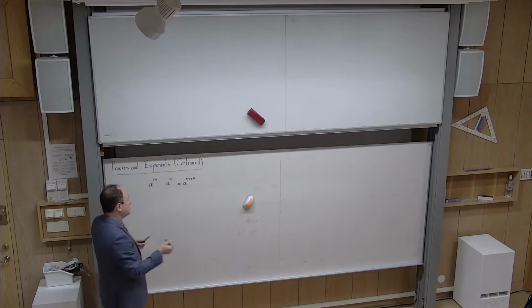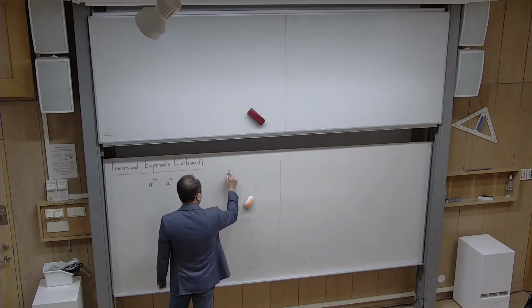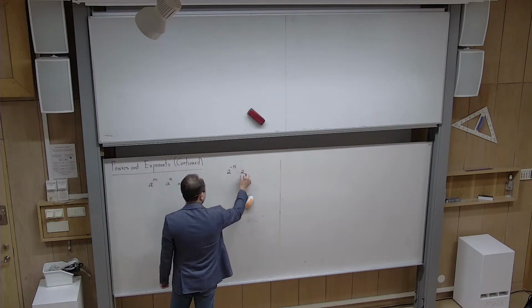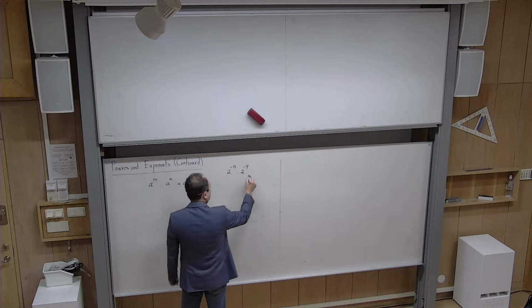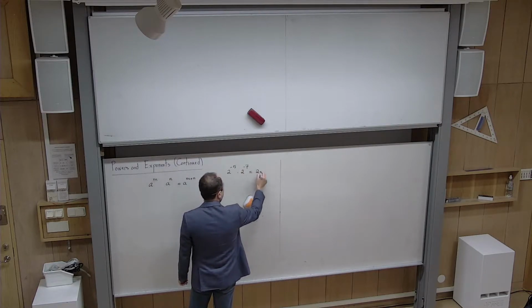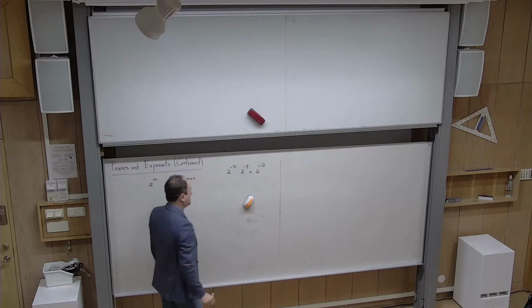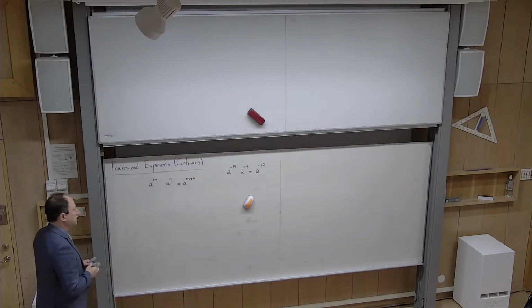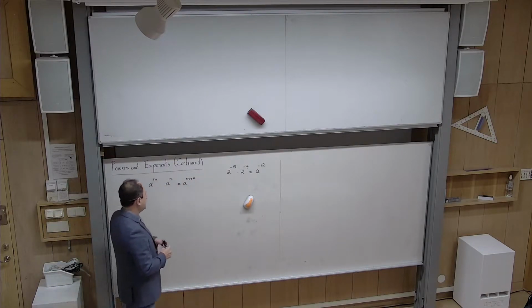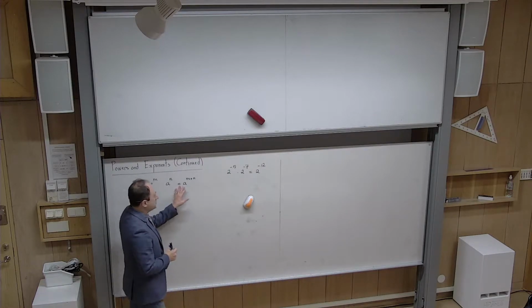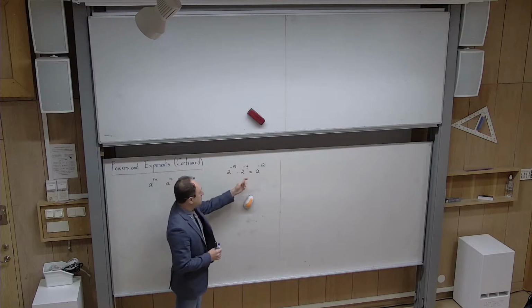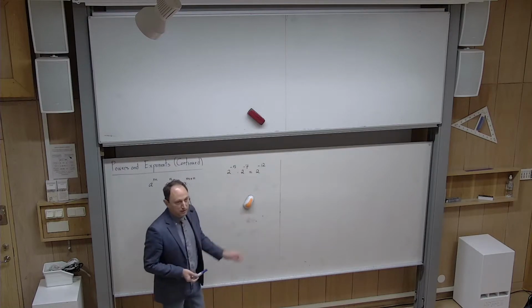So for example, if someone asks what is 2 to power minus 5 times 2 to power minus 7, you don't have any problems now to say that it is 2 to power minus 12. By the way, the rules enable us to understand this equality without knowing the exact value of these numbers.